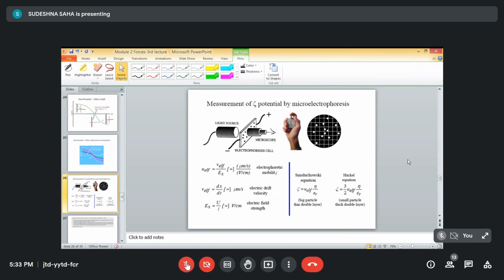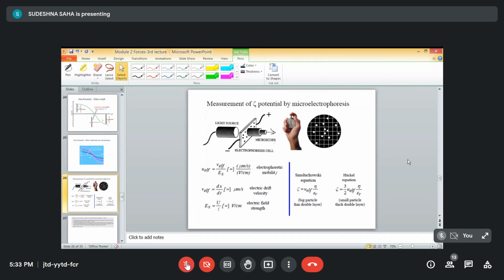Basically you have a zeta sizer instrument which can use the electrophoretic mobility of the ions under an electric field, and it measures how much distance is covered within a certain period of time. From there, they calculate the electric potential, or the zeta potential, by using either the Smoluchowski equation or the Huckel equation.